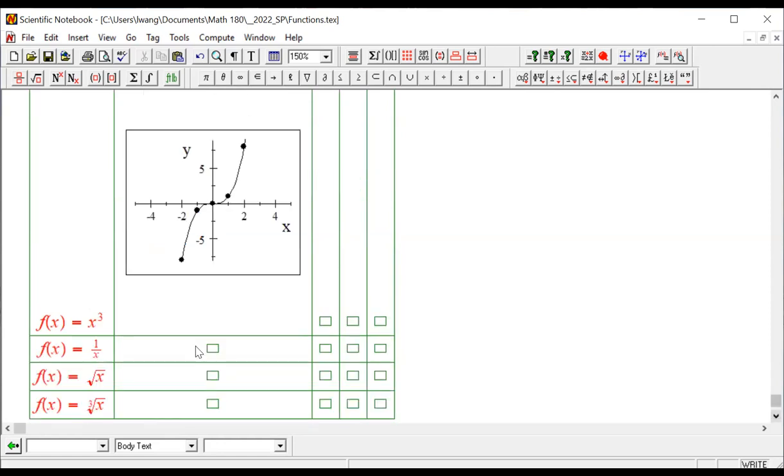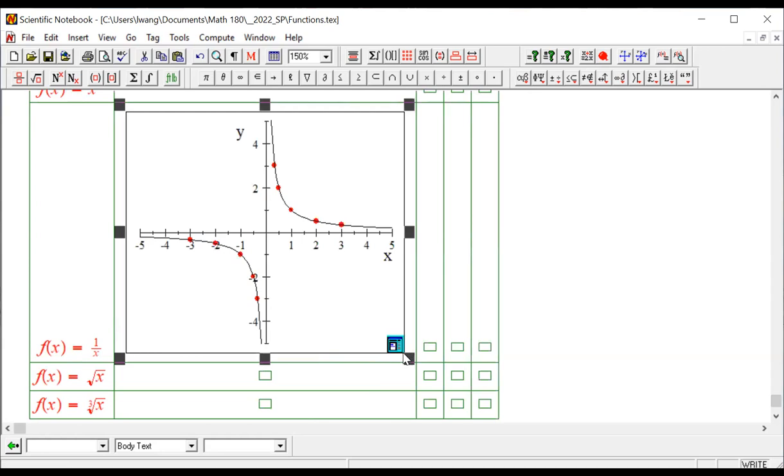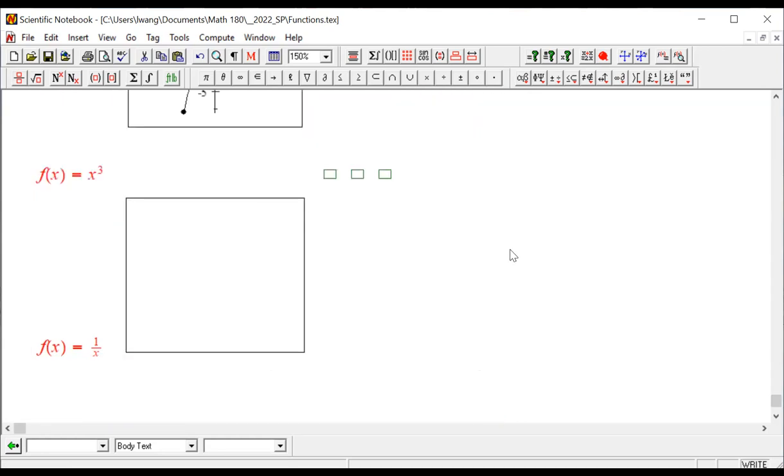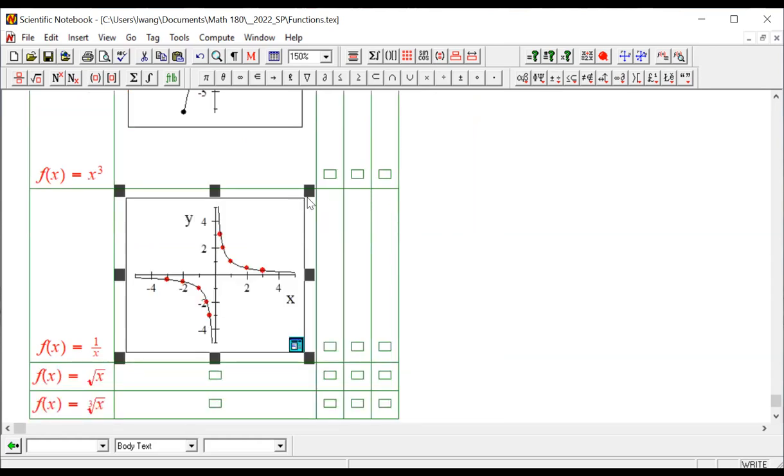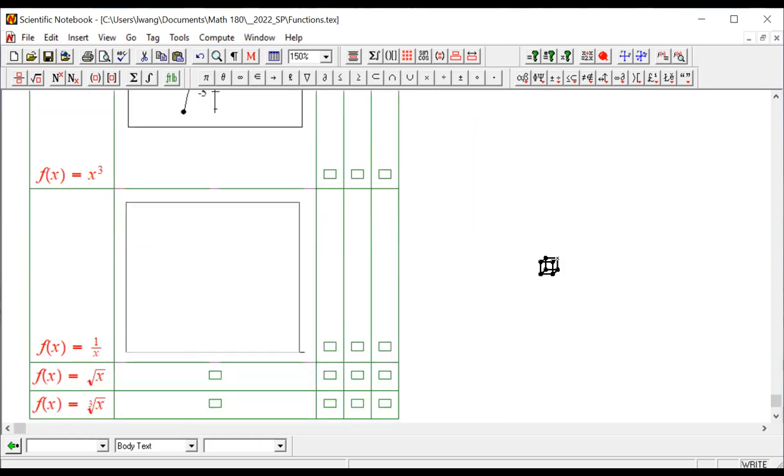There we go. The reciprocal function. Why that curve doesn't behave, right? It doesn't behave. And two more, right?